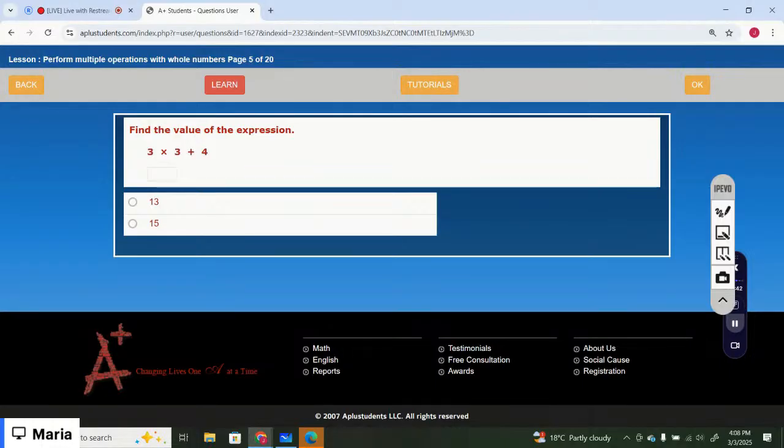Which is the correct option? 9 plus 4 makes 13. So again, that is 13. Option number 1 is the correct option.